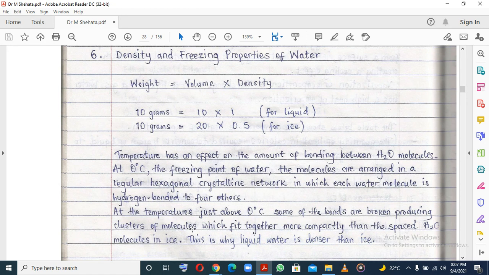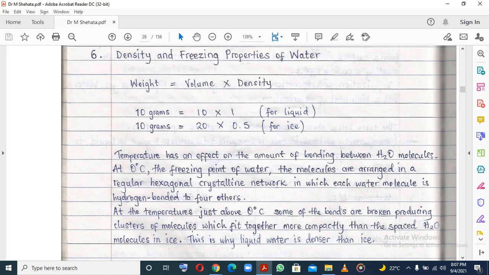I hope that's clear. Now, as the temperature increases above 0 degrees, once you go above 1 degree, the ice begins to melt. So what happens when the melting is taking place? Temperature is increasing, right? And what happens when temperature increases?